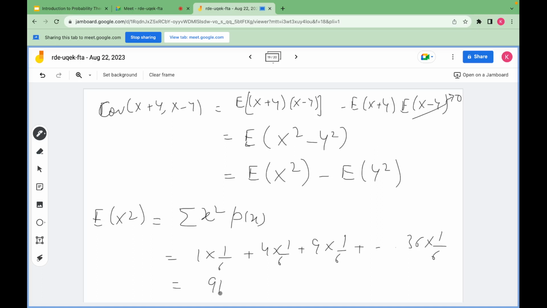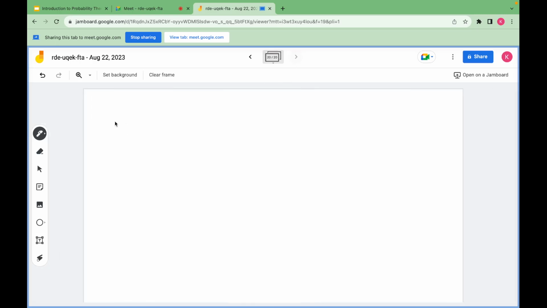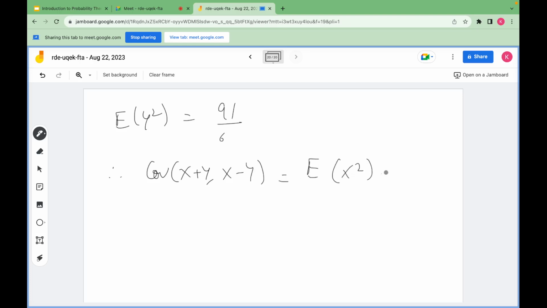So this will come out to be 91 by 6. Similarly, expectation of y square is also 91 by 6. So therefore, this covariance of x plus y comma x minus y, which is expectation of x square minus y square, is nothing but 0.